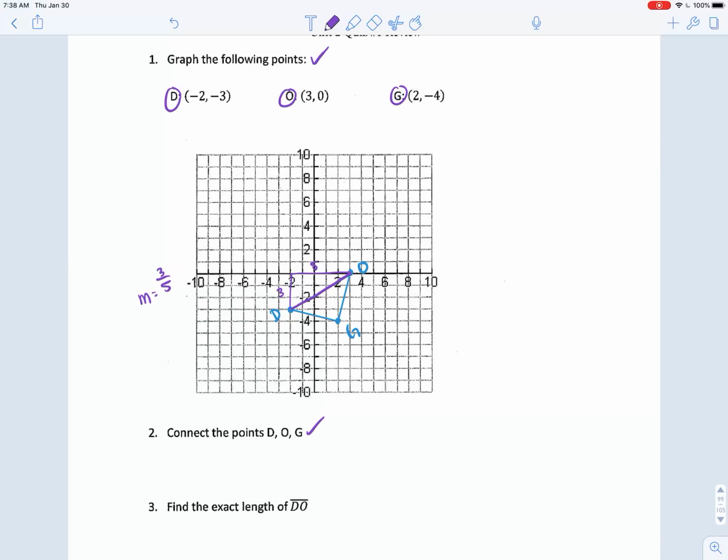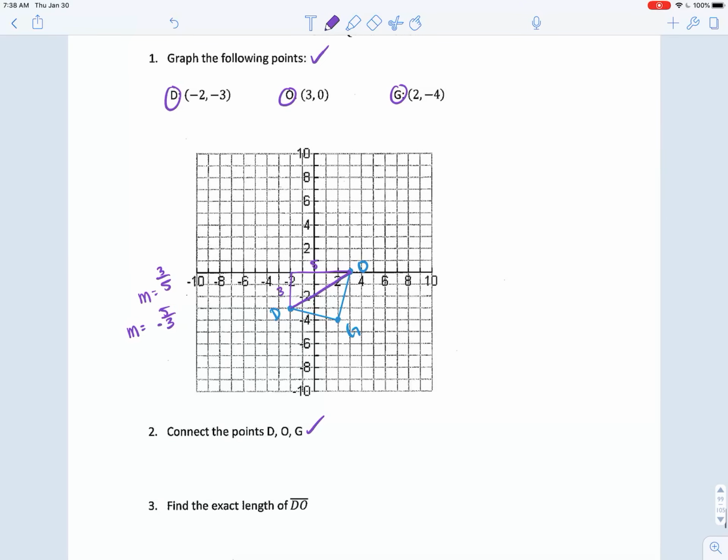Okay, and the opposite reciprocal slope, taking that slope that's perpendicular, is -5 over 3, or in this case, I'm going to say 5 over -3, and you'll see in a little bit why. So from O, I'm going to go up 5, 1, 2, 3, 4, 5, and then this -3, I'm going to the left 3, 1, 2, 3, so my point is here.